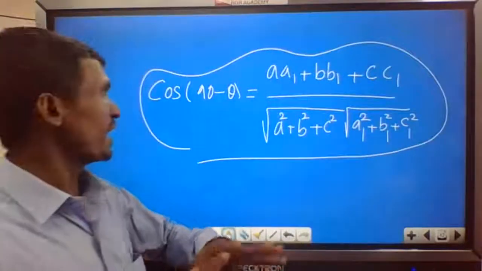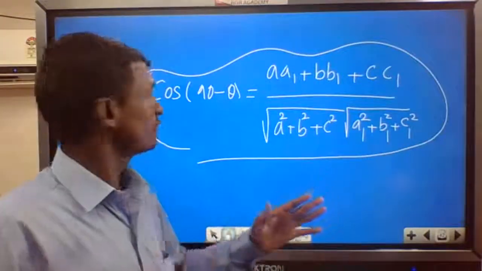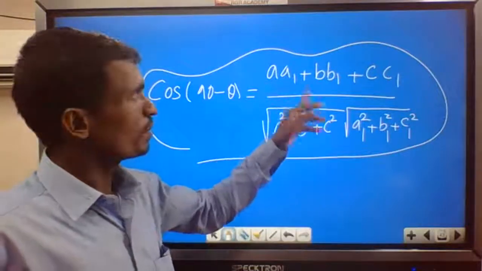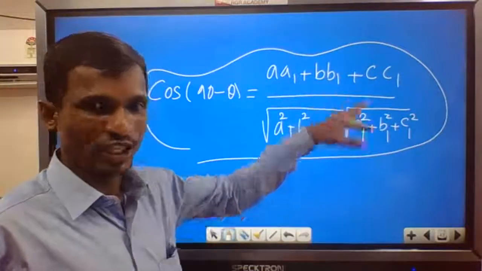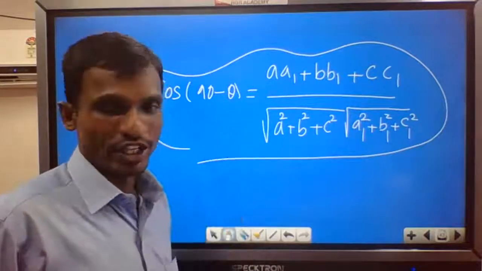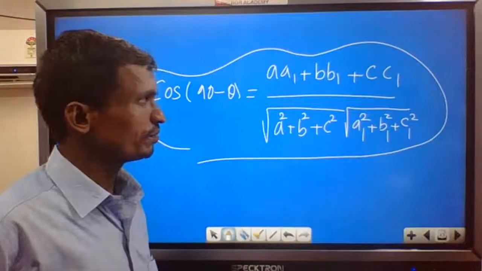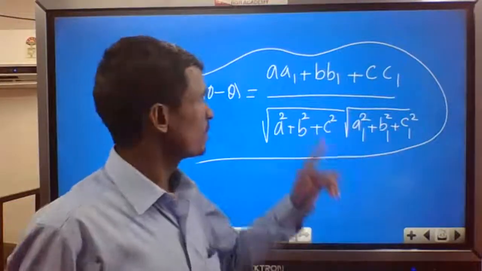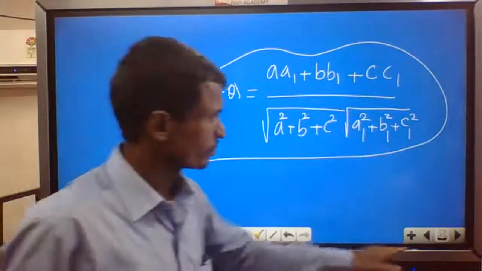So the angle between the plane and the line is cos(90° − θ) equal to the ratio involving a, b, c and a1, b1, c1 with the square roots.